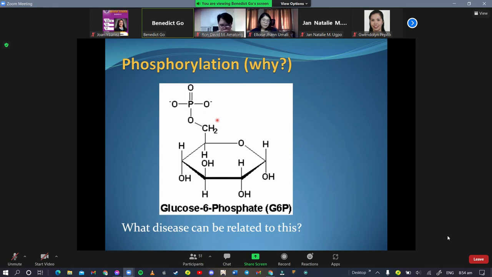When the glucose is phosphorylated, you form glucose 6-phosphate, and the glucose 6-phosphate, or G6P, cannot diffuse through the cell membrane via carrier proteins, unlike the free glucose.